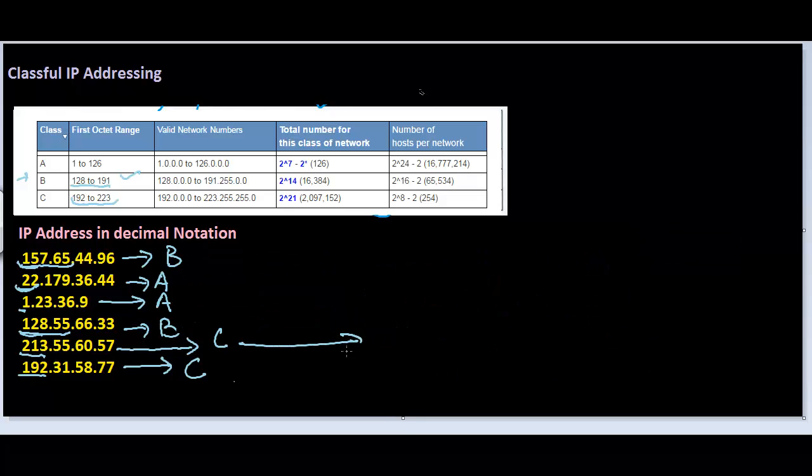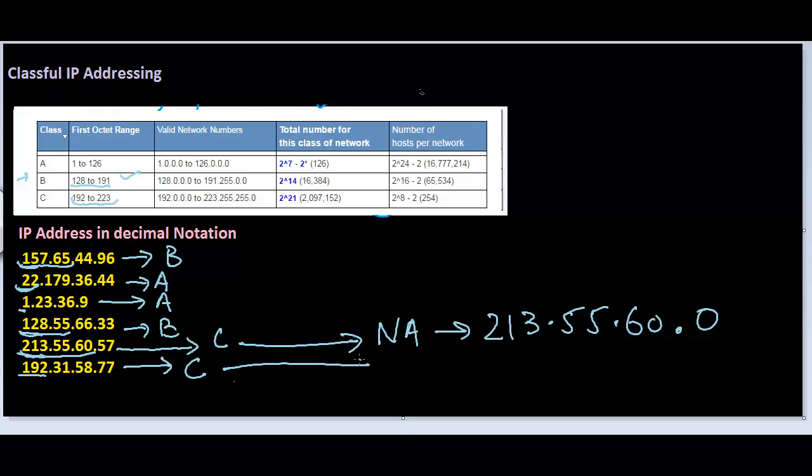So for this class C IP address, the network address will be, since this is beginning with 213 and this is the class C IP address, so the first 24 bits are reserved for the network address. So our network address would be 213.55.60, and the remaining 8 bits are the host address, and the host address we are going to set to 0.